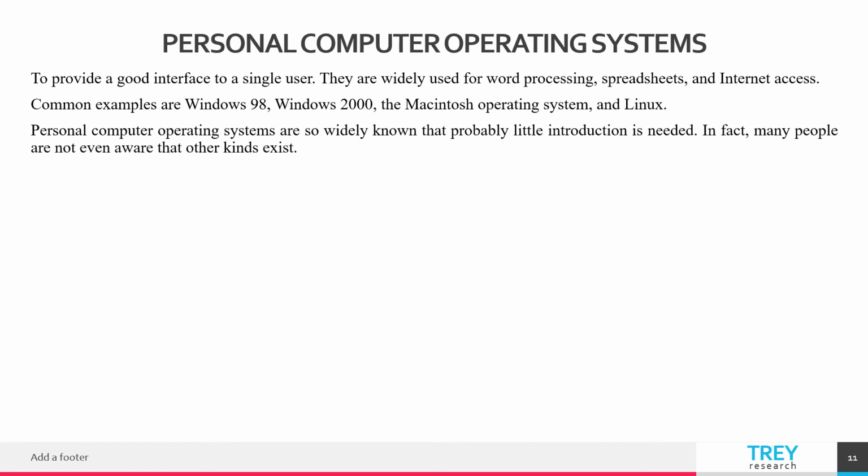Examples under Linux are Kali Linux, Ubuntu, Elementary, Fedora. When we talk of personal computer operating systems, they are so widely known that probably little introduction is needed. In fact, many people are not even aware that other kinds also exist in this generation.